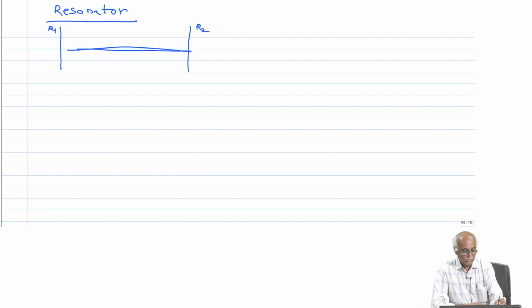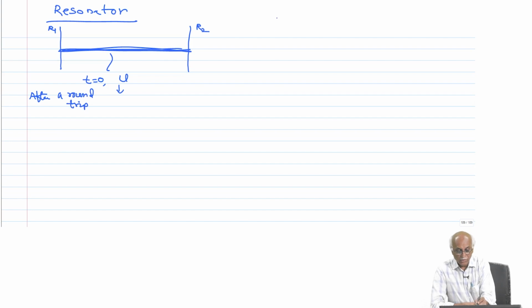So at t equal to 0, the energy density is U. After one round trip, how do we estimate the round trip time?